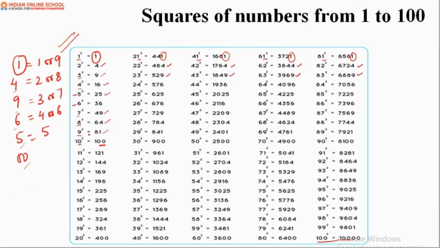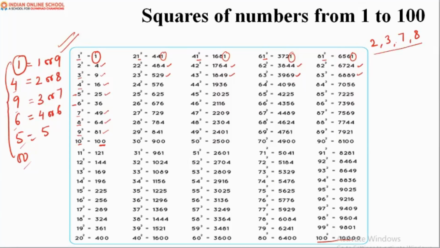Yes, Prapti, go ahead. What are the digits I'm leaving when I'm talking about the perfect square number? Ma'am, 2, 3, 7, 8. Ma'am, that's it.